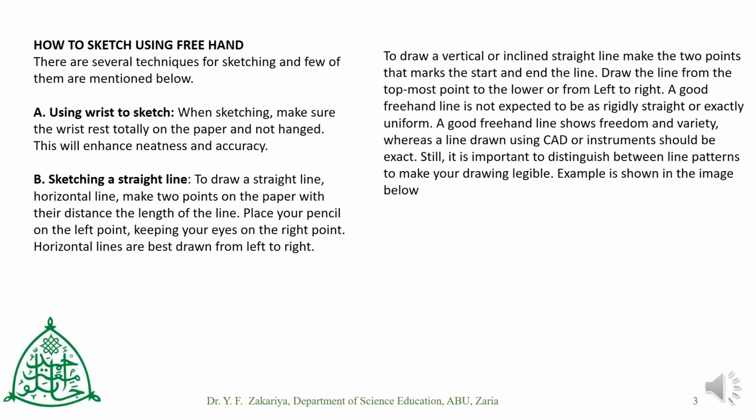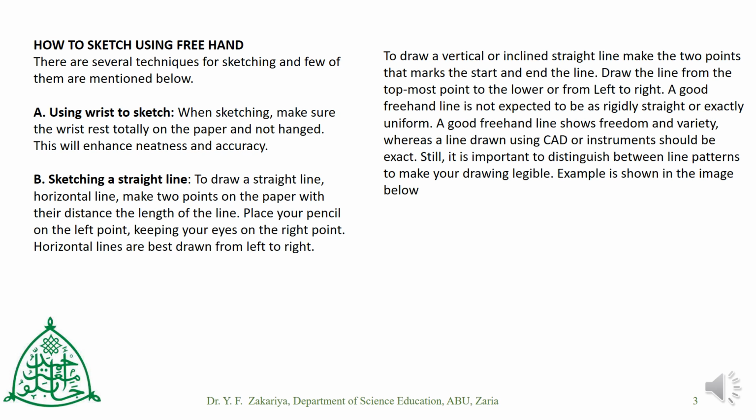Don't forget, a good freehand line is not expected to be rigidly straight or exactly uniform. It is just to show freedom and variety, whereas a line drawn using a card or instrument should be exact.